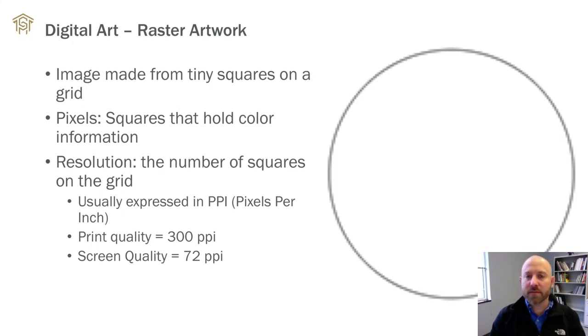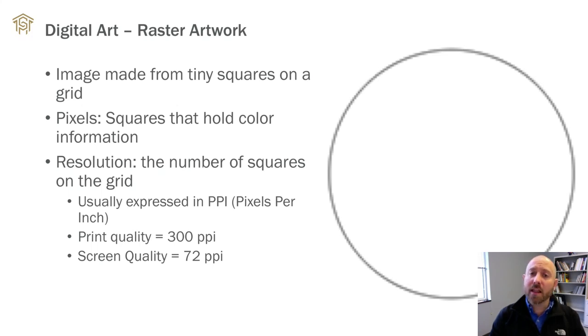It's been a standard for a very long time for print quality. There are instances where it may need to be considerably higher, but generally speaking, if you have a piece of art that is 300 PPI, it's going to reproduce nicely when we print it.